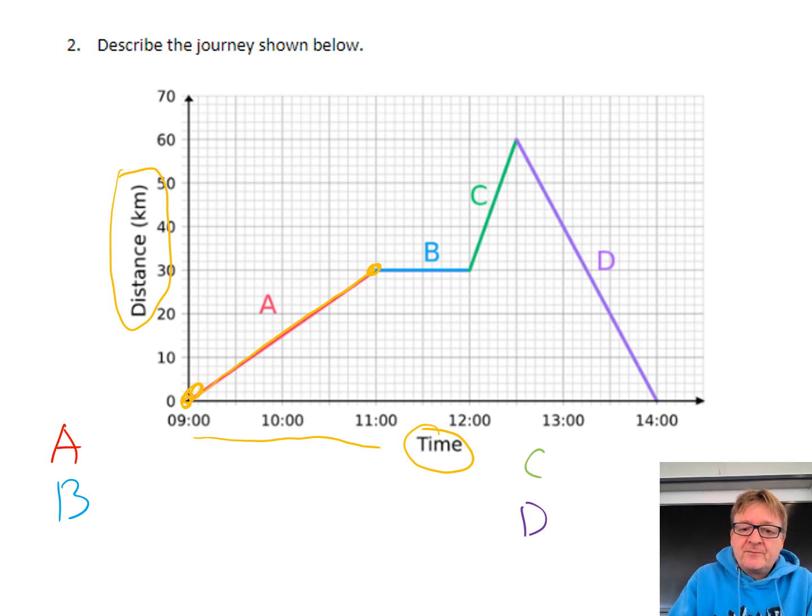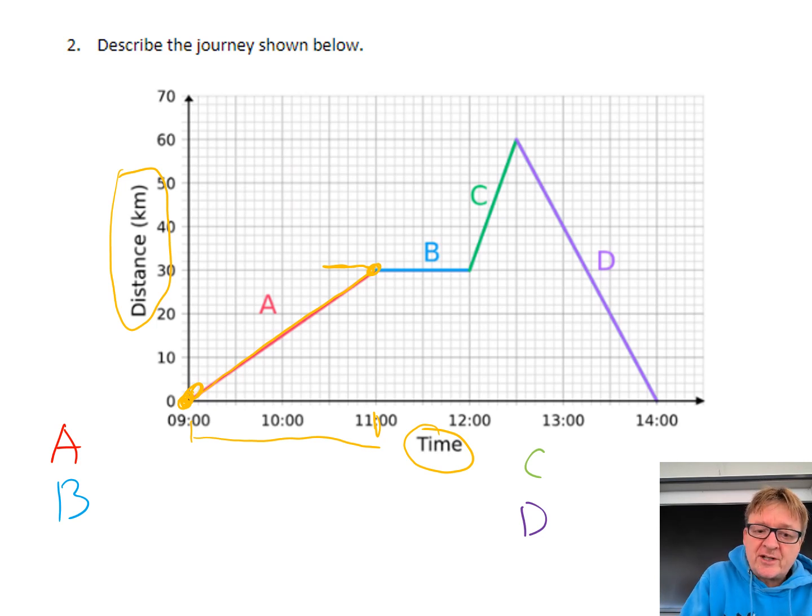So A is travelling from 9 o'clock till 11 o'clock. Okay, so it's travelling at 2 hours. But the most important thing about this now is talking about what its motion is, which is what it's all about. So if it starts at 0 kilometres from the start and ends at 30 kilometres from the start, it's gone from 0 to 30 kilometres away.